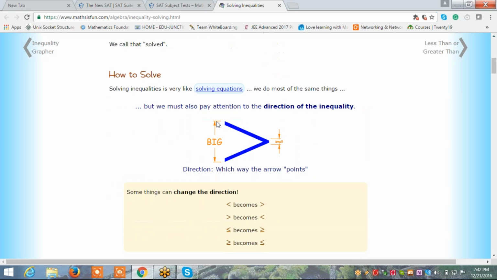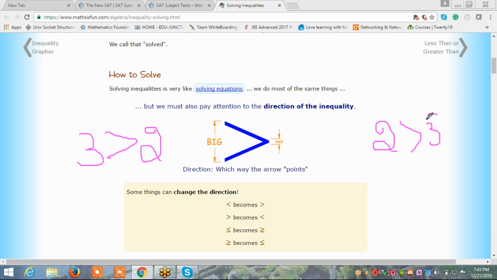You see this symbol, this side is the bigger direction of the inequality. The one towards the arrow end is called the smaller number. Is it clear how to represent a bigger number and a smaller number? If I write 2 and 3, which is greater according to this expression? 3. 3 is the greater number, I know, but the expression is not true.